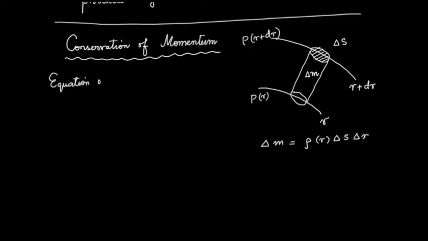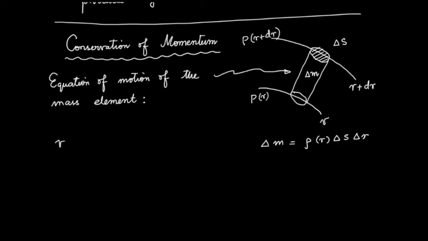So the equation of motion of the mass element. This is the mass element. The mass element is at a radius r. So the equation of motion will be r double dot times delta m, which is the rate of change of momentum, equals, there are two forces acting here.